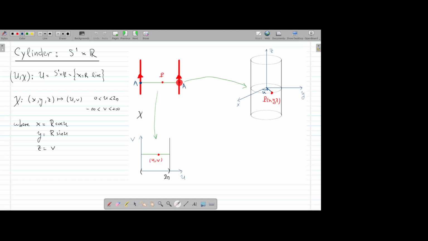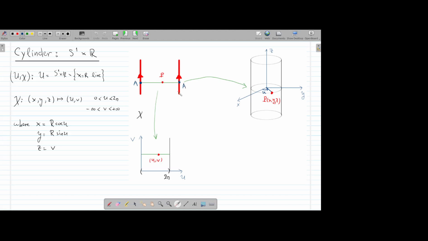But this point here is identified with this, with the gluing. So actually, this line segment here is not a line segment, but it is a circle, because if we move around here, we leave the strip in this direction, but we re-enter from the other side, and a motion around the circle here can be represented by a motion along the line here.